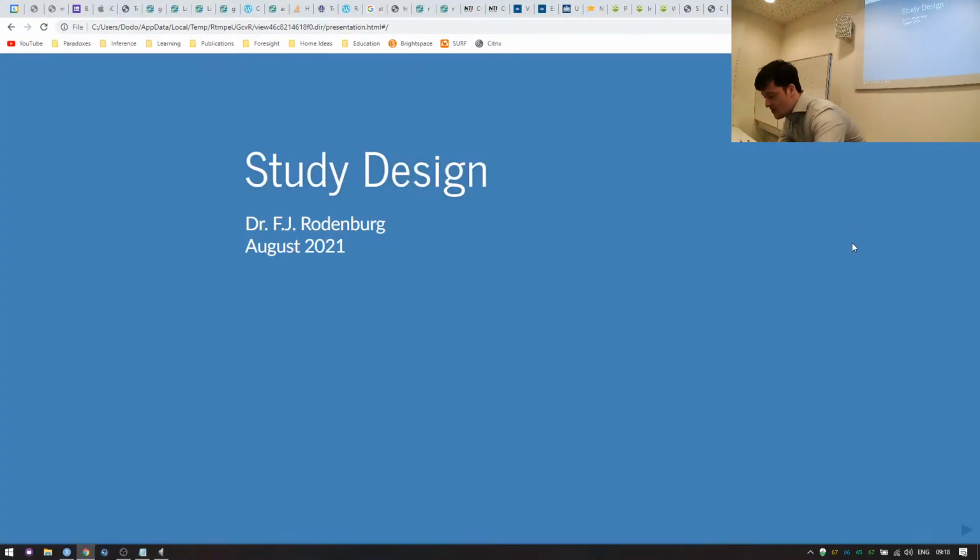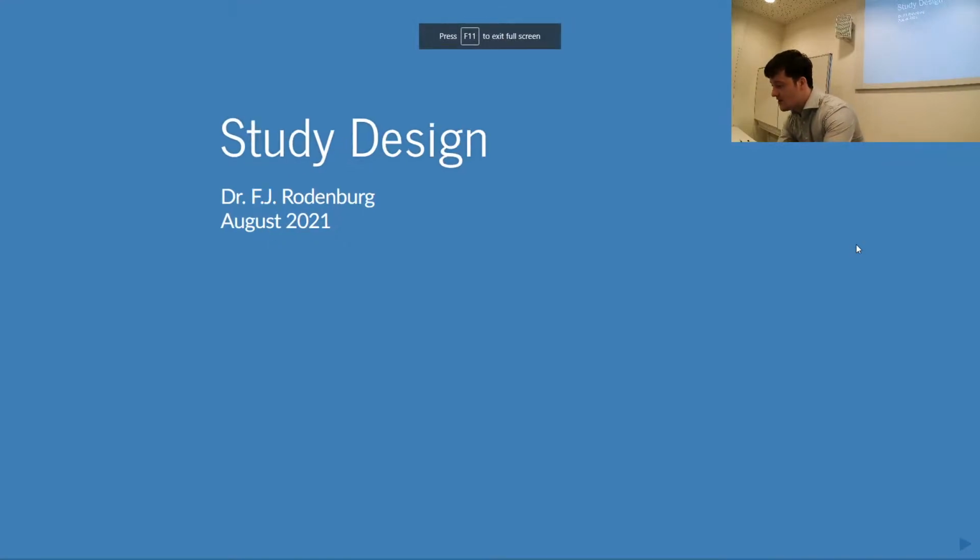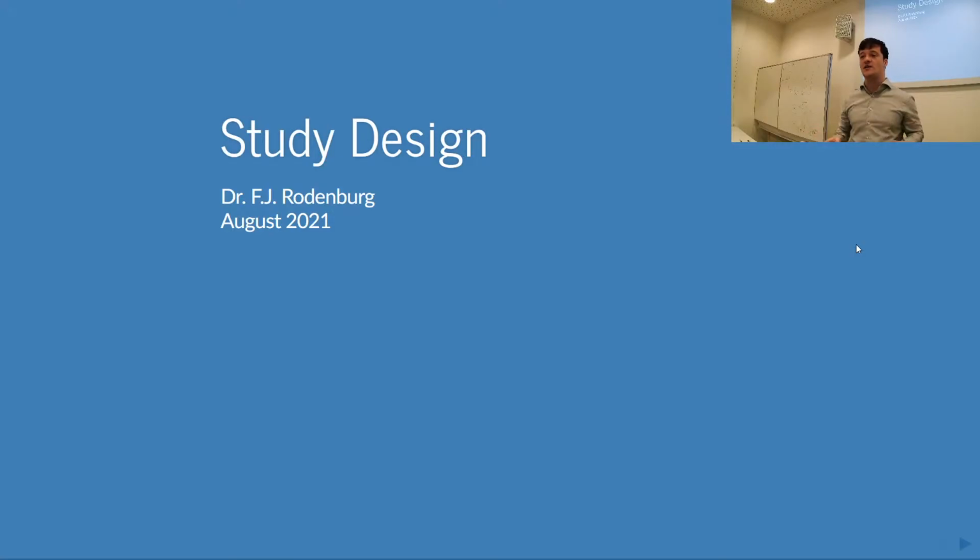Okay, I don't see any questions, so I think I'm going to assume the audio is okay and get started with the lecture. So the topic of today is study design. This course, Advanced Statistics, is of course important because you have to be able to judge other people's works, and for that you need to have some idea of the method they use.